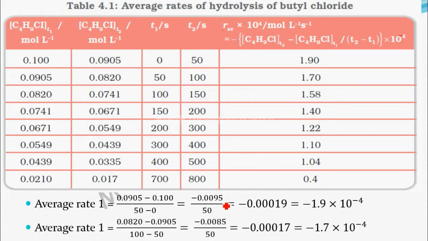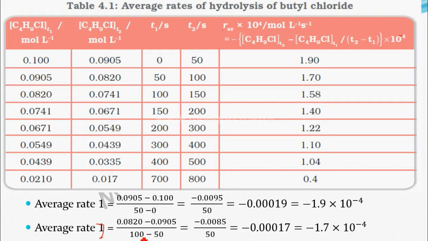See, now let's take one more, average rate 2. This is during the interval 50 to 100. Let's see what the average rate is. Average rate is change in concentration, that is final minus initial. See, 0.0820 minus 0.0905.